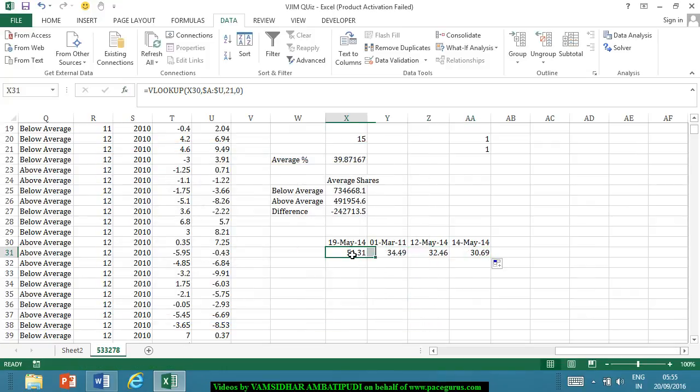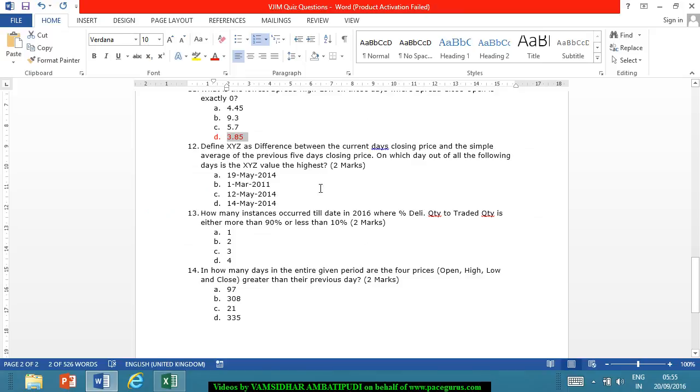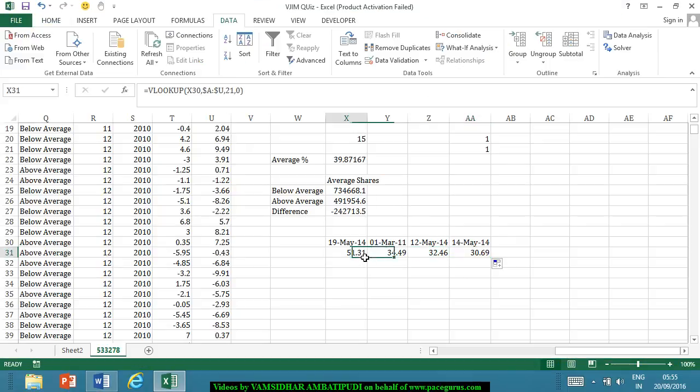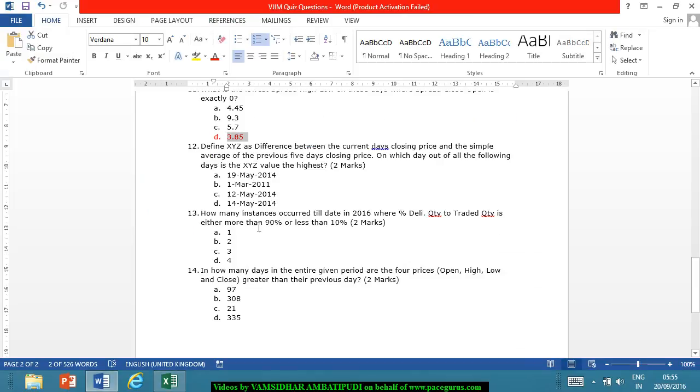So here it comes out, it is 51, 34.49, 32 and 30. So the question is, out of the following days, on which is the XYZ value the highest? The XYZ value is highest on 19th May 14. So this would become my answer out here.